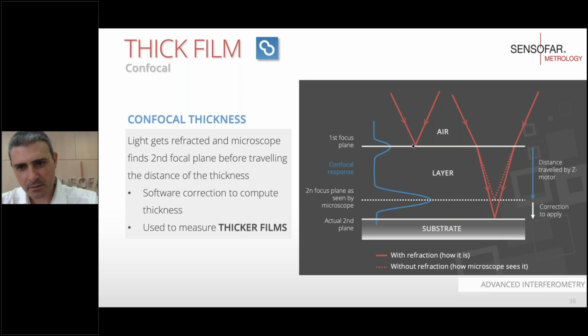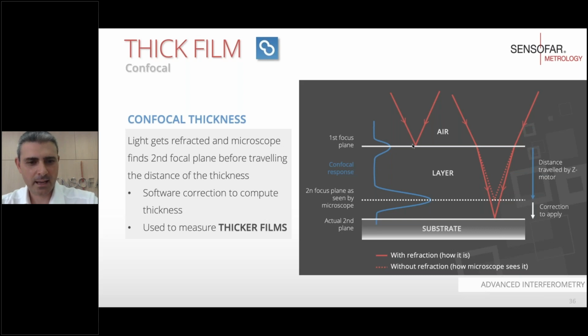That refraction bends the rays, pointing them farther away from the original pointing position. So they can reach the substrate position earlier than the reflection from the top. And this means that there will be a virtual reflection that will provide to us this axial response with the two peaks that are in fact closer than the real separation of these two samples.